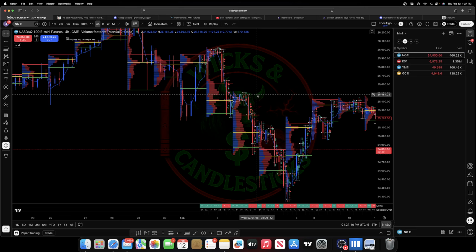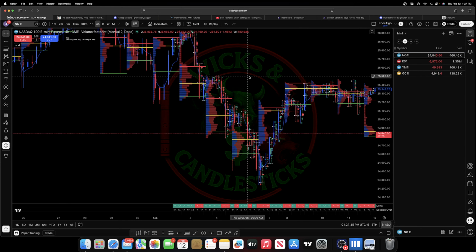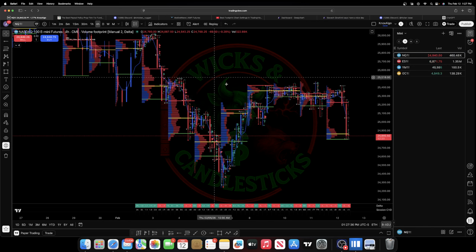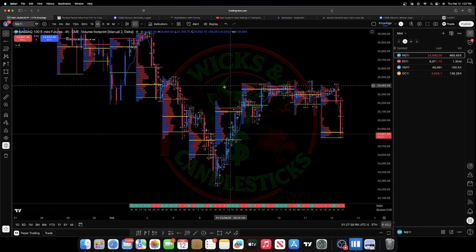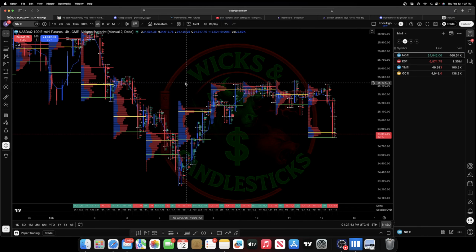I would have the direction correct, I would have everything correct, but I wound up getting stopped out. And because I try to follow my own rules, I only take maybe one or two trades a day. So adding footprints and studying footprints has really made my entries more precise.